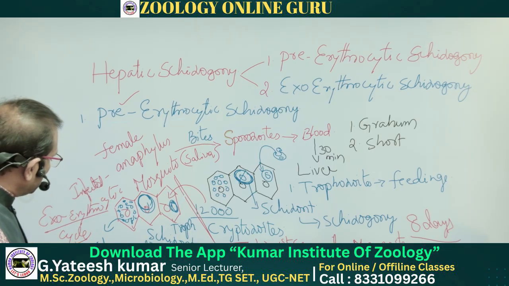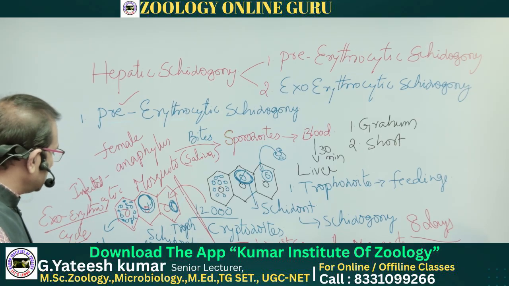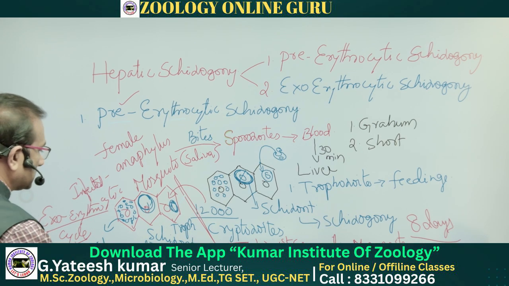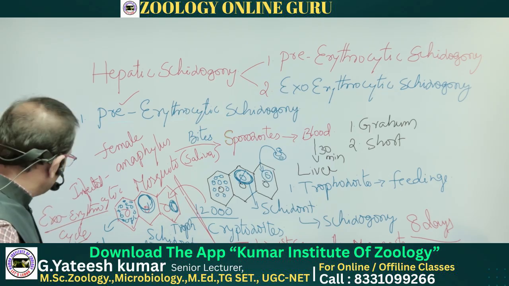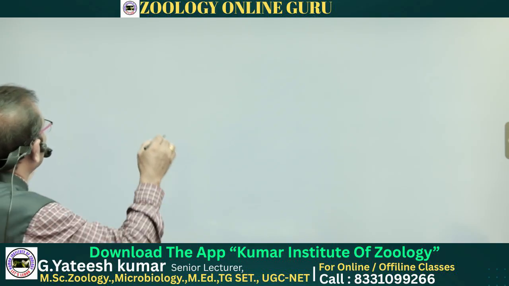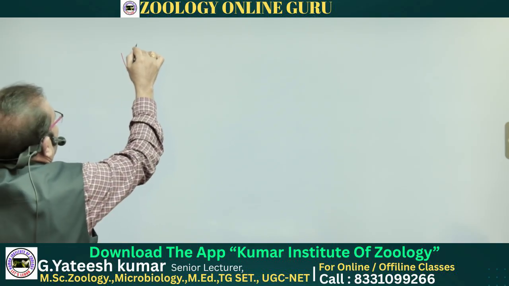And now what happened here? These are second generation merozoites. These second generation merozoites are also known as metacryptozoites. I will take the second slide.